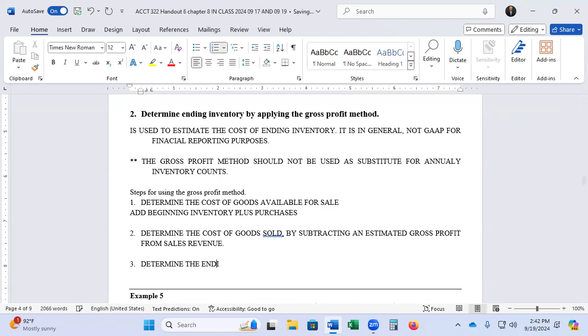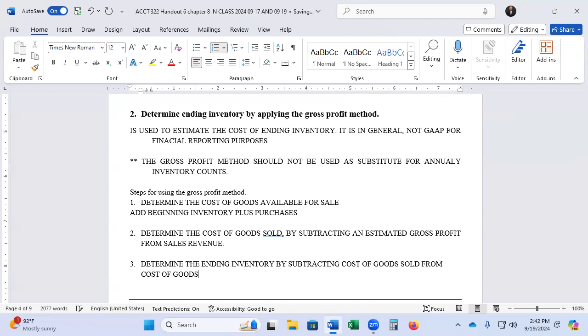To determine the ending inventory, you subtract cost of goods sold from cost of goods available for sale. And I'll realize that all we're doing here is just manipulating the old setup.